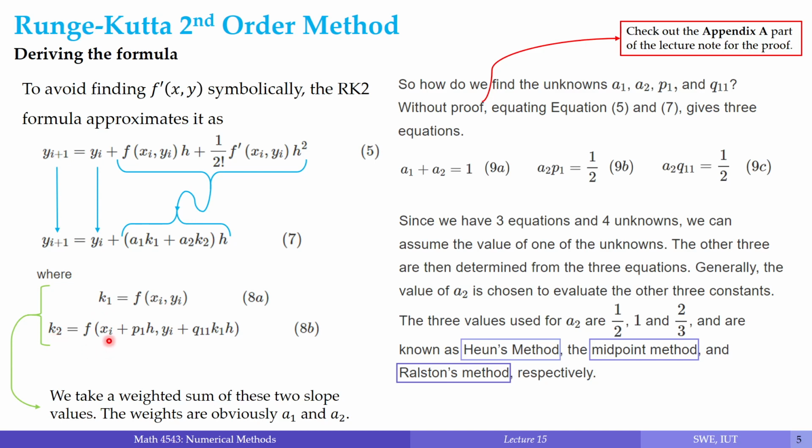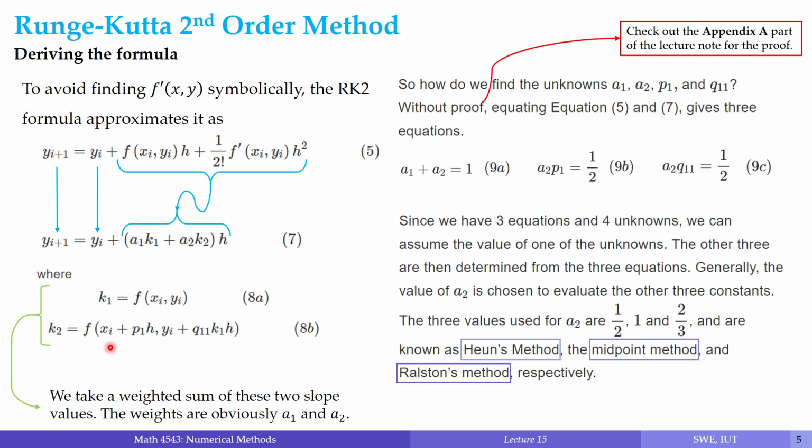And what's our second slope value? It's the slope value at a particular intermediary point between x sub i and x sub i plus 1. When we go from the point x sub i to the point x sub i plus 1, we go ahead by one step, or we progress by the magnitude of the step size.